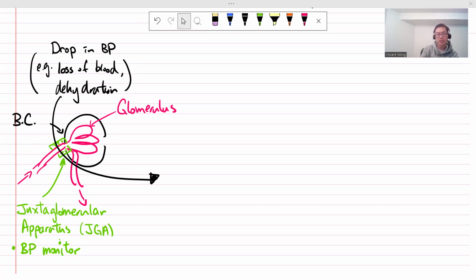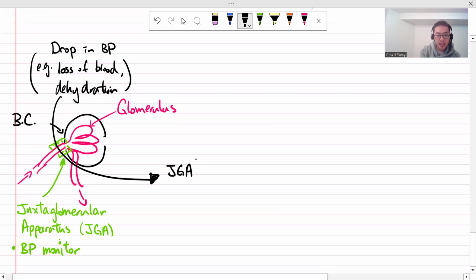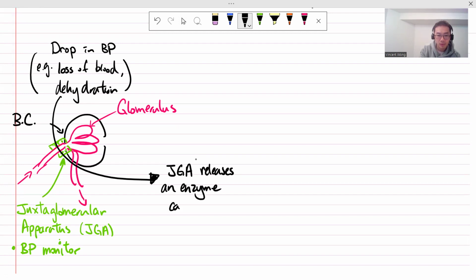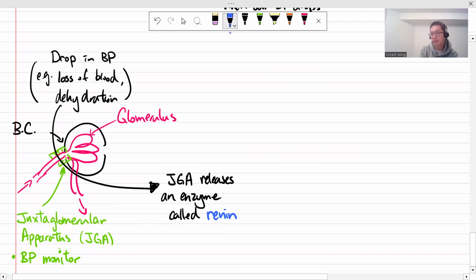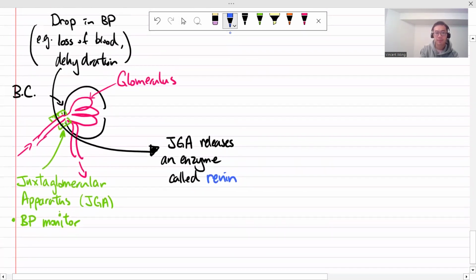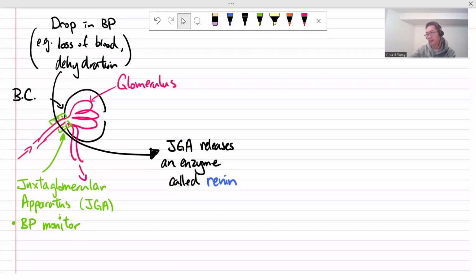And in response to a drop in blood pressure, the JGA releases an enzyme called renin. I'm just going to do it in blue. So that's the R in the RAS. It begins with the renin. So far, so good. Not too complicated, right? I hope. Any question?